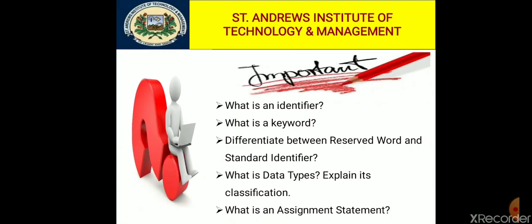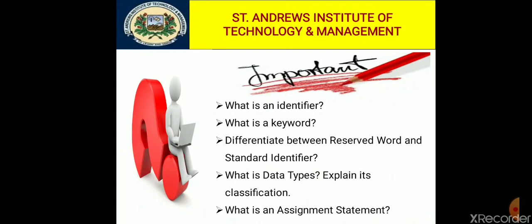So now I am going to provide you some important questions based on today's topic, so that you will get an idea of which type of questions come in university exams from this topic. So here are the questions, and first one is, what is an identifier? Second one is, what is a keyword?